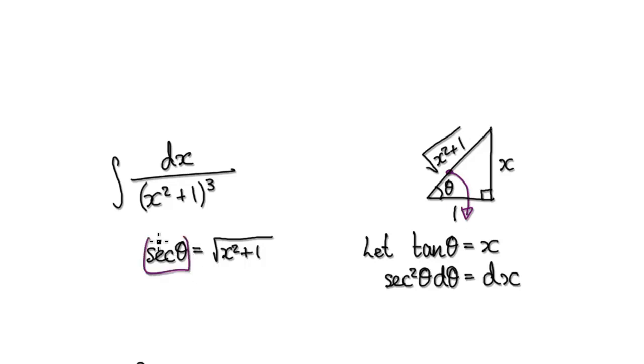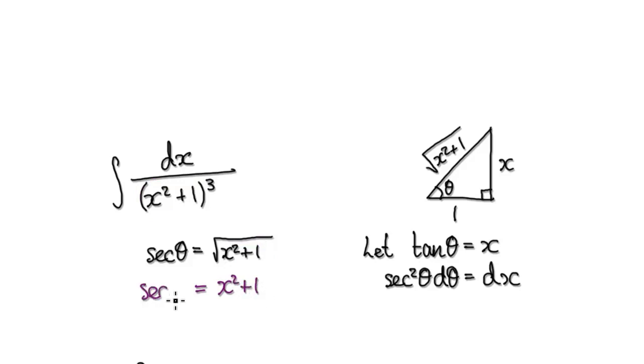If you look at this, this is secant. So secant theta equals hypotenuse over 1. At the moment we've got the square root of this thing here, but we want this thing to be a cube. So what you do is you square both sides. That will then give you this.